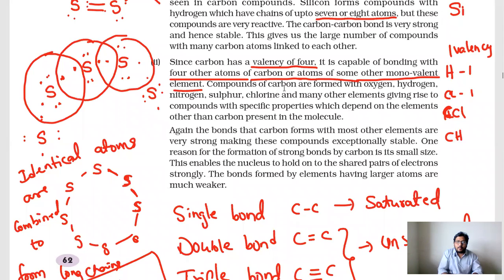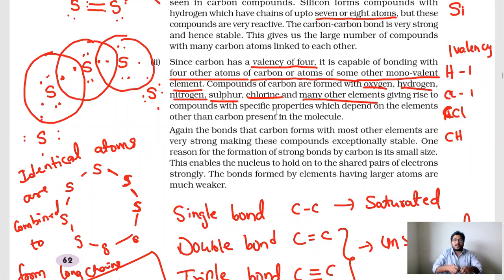Okay. Compounds of carbon are formed with oxygen, hydrogen, nitrogen, sulfur, chlorine, and many other elements, giving rise to compounds with specific properties depending on the element other than carbon present in the molecule. So it can form with other elements, but the property depends on the other elements instead of carbon, so there are not that many properties related to carbon.